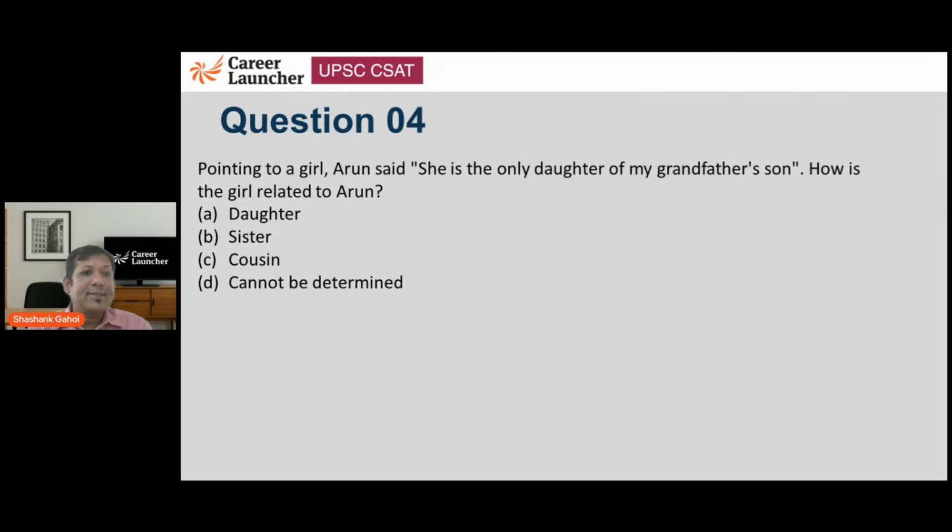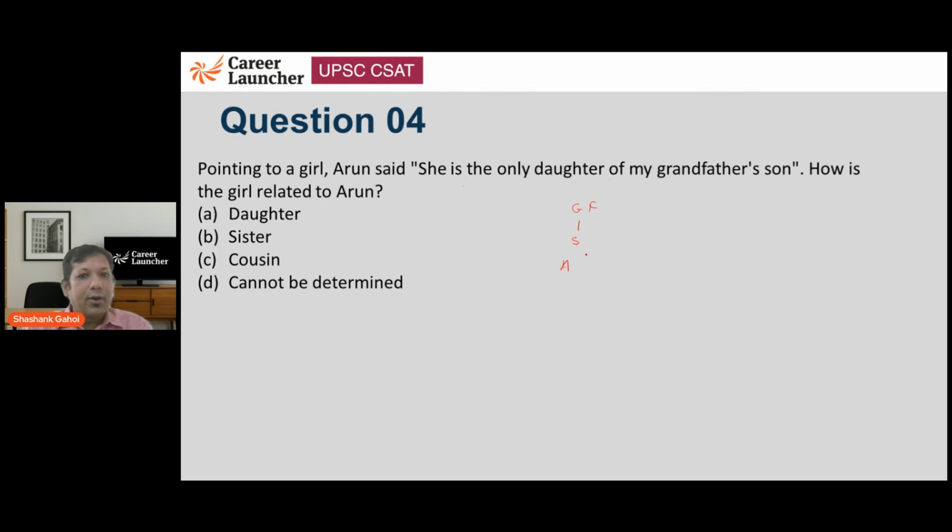What does it say? Now it says that pointing to a girl, Arun said, she is the only daughter of my grandfather's son. Okay. So Arun has a grandfather. Okay, grandfather's son can be someone. And she's the only daughter of grandfather's son.